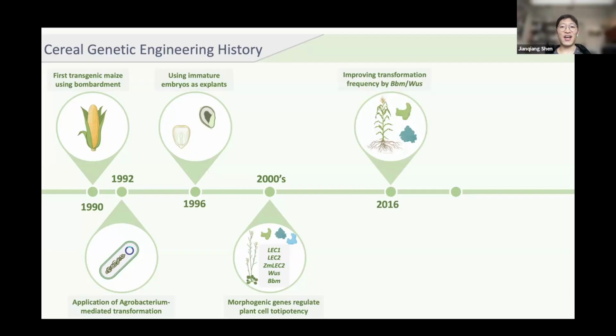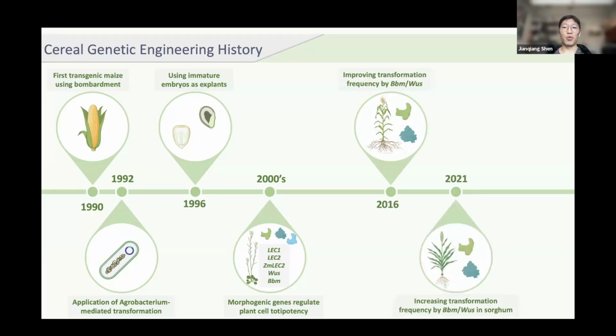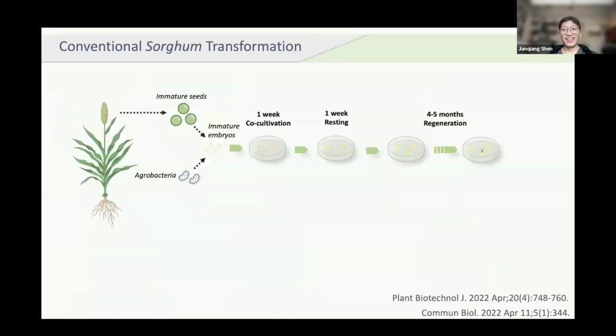Since then, we started to follow up and apply this technology in sorghum transformation, and we got it to work and published it in 2021. It took a long time. So I believe today Juan and Greg will share more interesting stories about morphogenic gene-assisted transformation. I'm looking forward to hearing that as well.